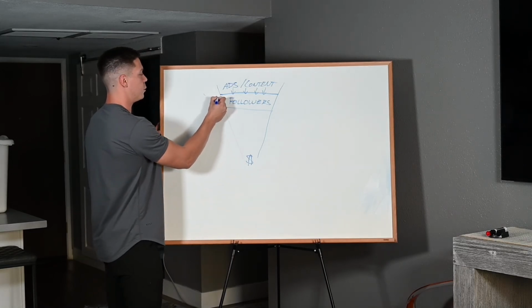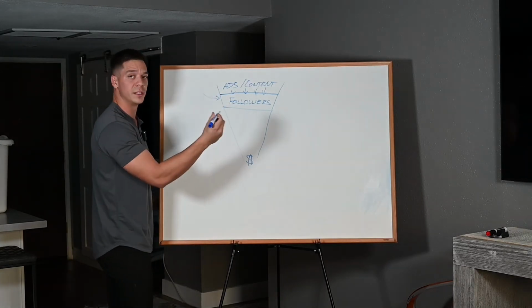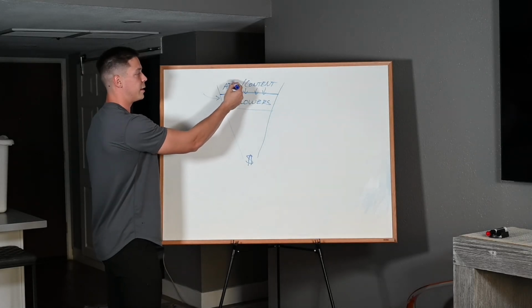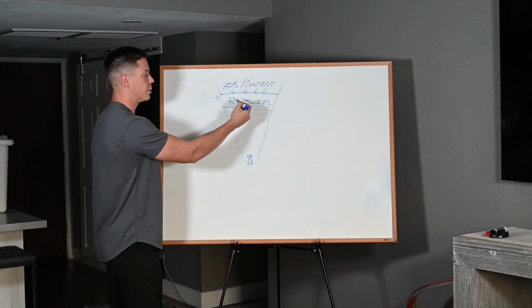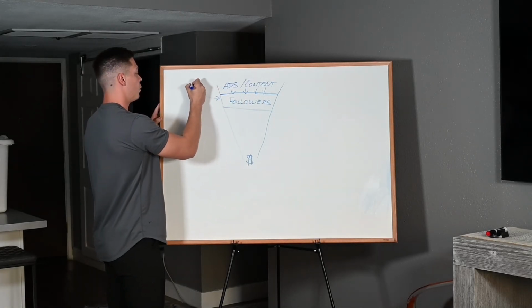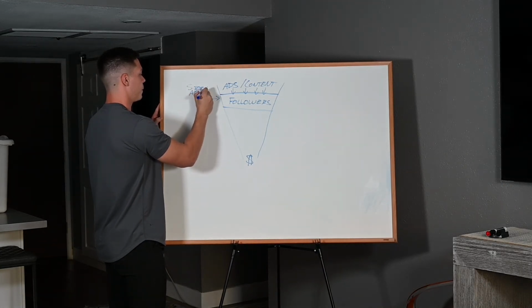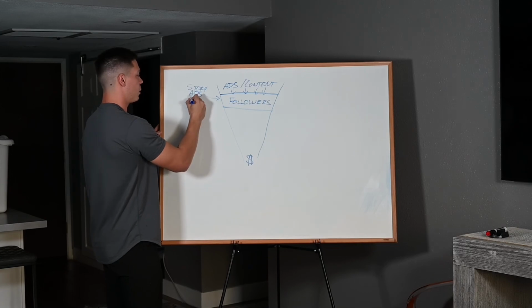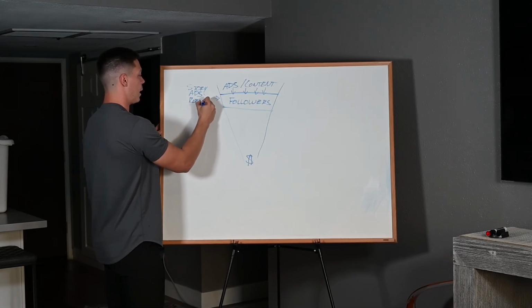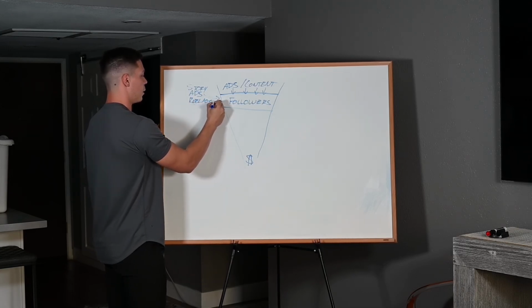So what you're gonna do is retarget your followers, right? You're not necessarily gonna run new follower ads, you're gonna retarget your followers with like story ads or reel ads, right?